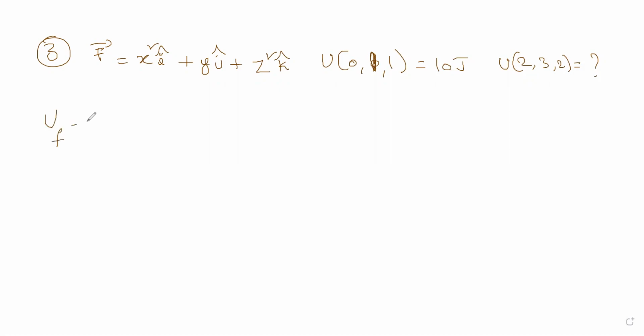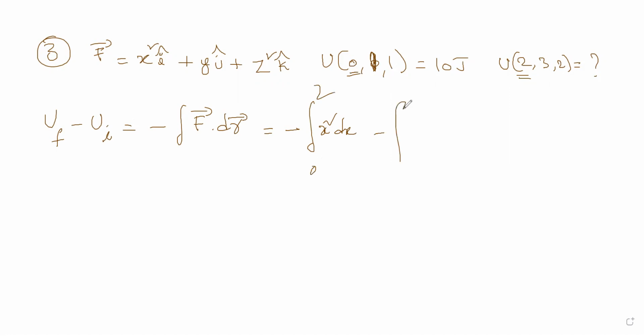Again, U final minus U initial, you will use negative of the integral of F bar dot dr bar. You have to remember this equation. Based on this, the questions will come. So the integral of x squared dx, with x running from 0 to 2, and the integral of y dy, with y running from 1 to 3, and the integral of z squared dz, with z running from 1 to 2.